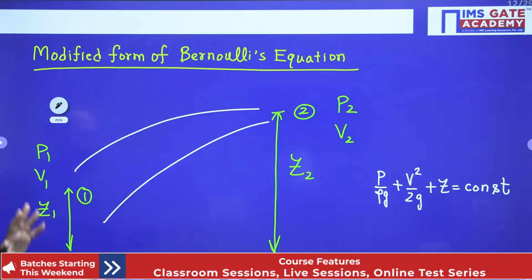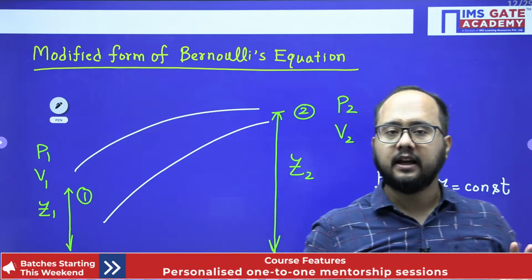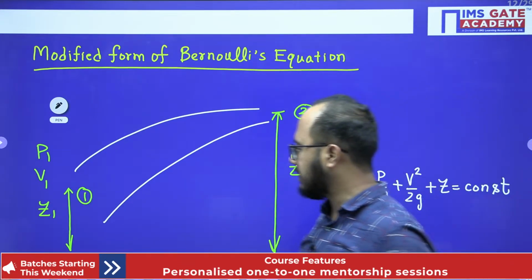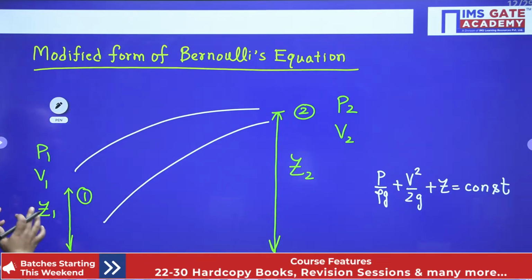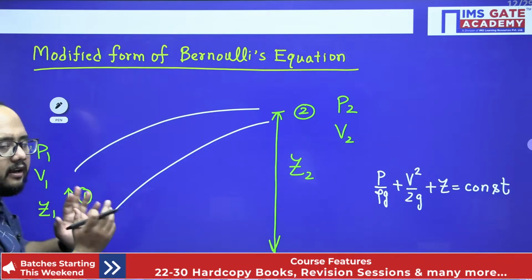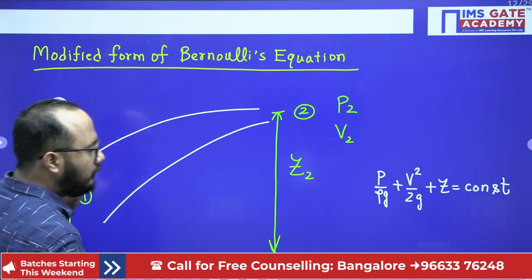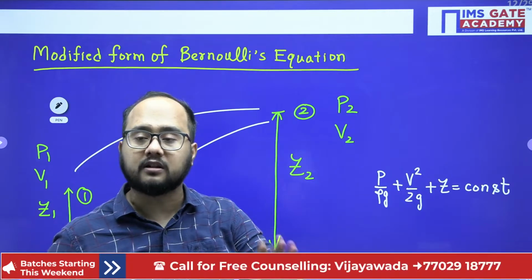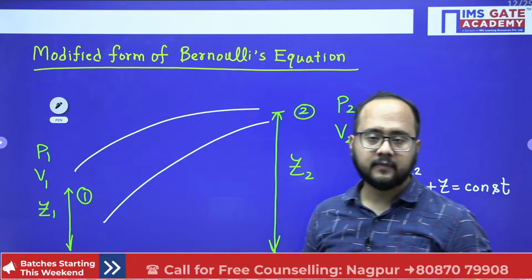Now when the fluid flows from 1 to 2, definitely some losses will be there. Now how to consider those losses? Let's suppose at the entry point, that is 1, it has 100 units of energy, for example. While coming at point 2, it will not have 100 units of energy because some energy has been wasted because of the losses.